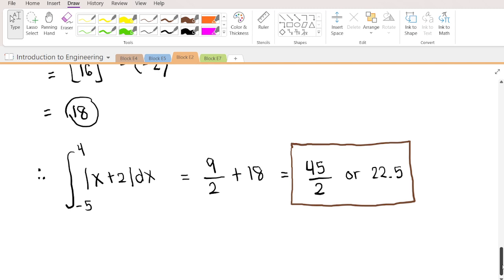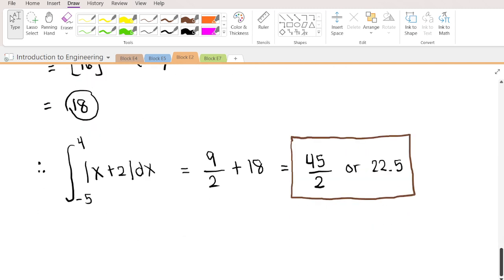So what is the graphical representation? There's actually a graphical representation for the integral. So you might wonder, why am I doing this? What is this for?